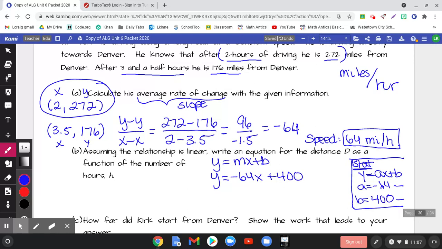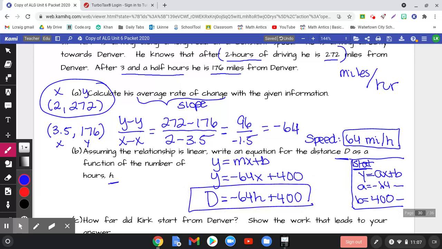But they're not using x and y. Distance is d, that's your y value, and it's capitalized just like the beginning of a sentence. And then instead of negative 64 times x, it's negative 64 times the number of hours. And you could have just done this from the beginning and found your slope and not had to go through all that.